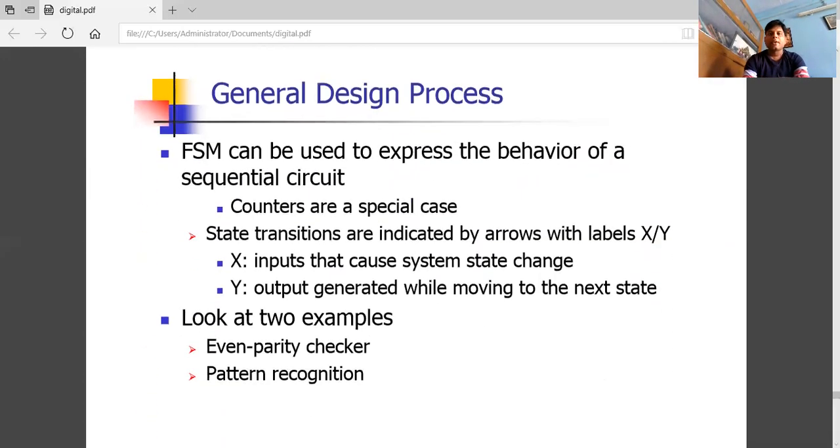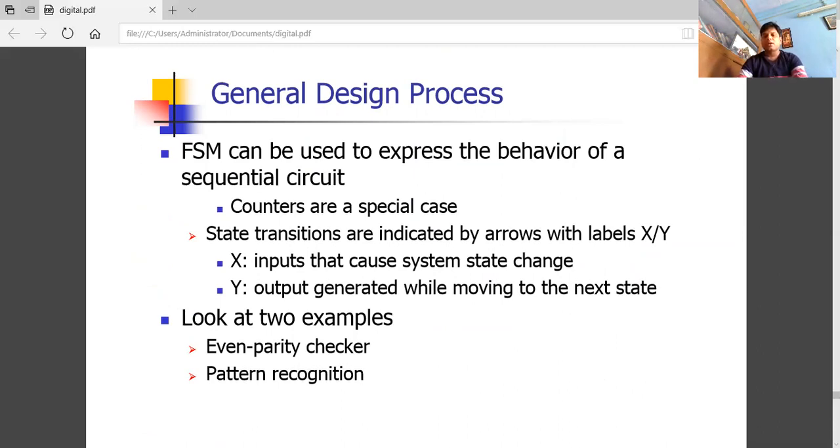Next, the general procedure of other types of sequential circuit design. In this section we design a finite state machine, which can be used to express the behavior of a sequential circuit. Counters are a special case.